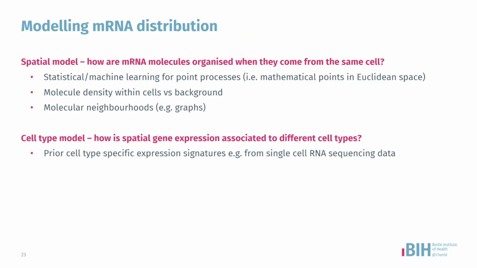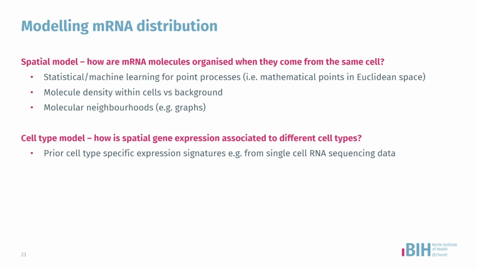This is not isolated to just spatial transcriptomics, but there's an entire field dedicated to this with spatial statistics, so there are a lot of methodologies that already exist. You would need to also consider things such as molecular densities and how molecular densities within cells versus background vary. And you can also have more complex methodologies that consider the neighborhood of molecules, so how molecules are connected when they're within a particular cell or within a particular subcellular feature.